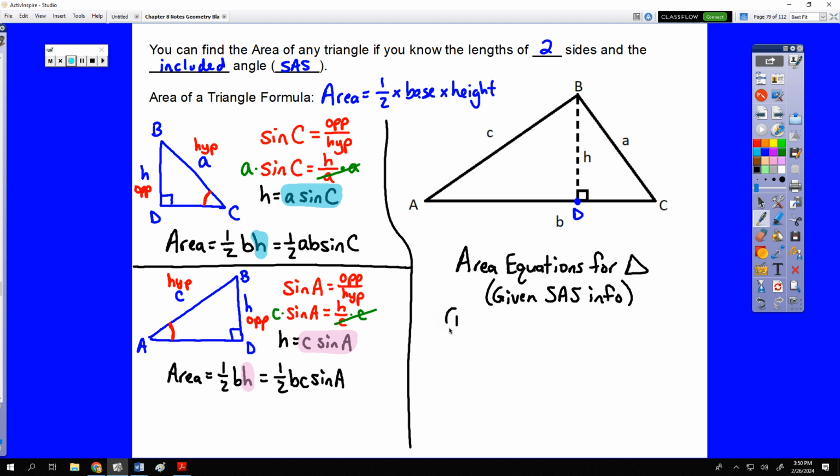They are, the area of the triangle could be 1/2 AB times the sine of angle C.